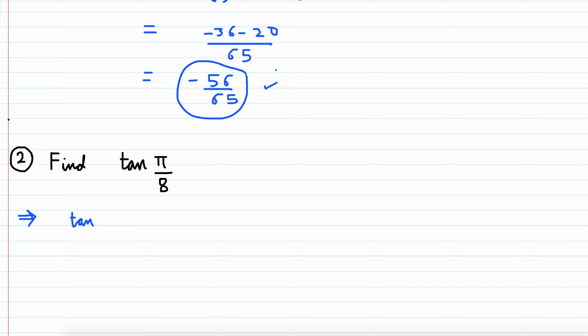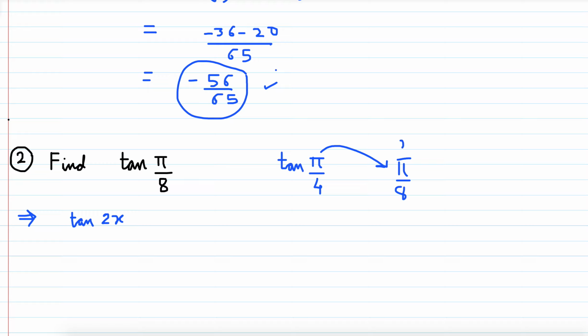So we know that tan 2x, because here we know tan pi by 4. So using this knowledge we have to find tan pi by 8. So from pi by 4 we need the value for pi by 8.